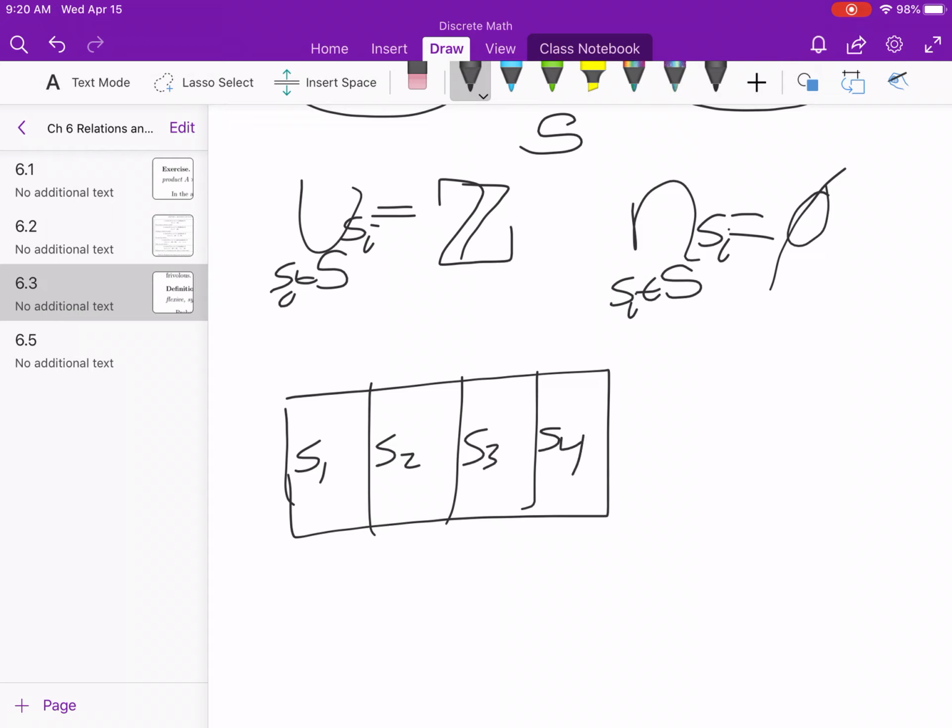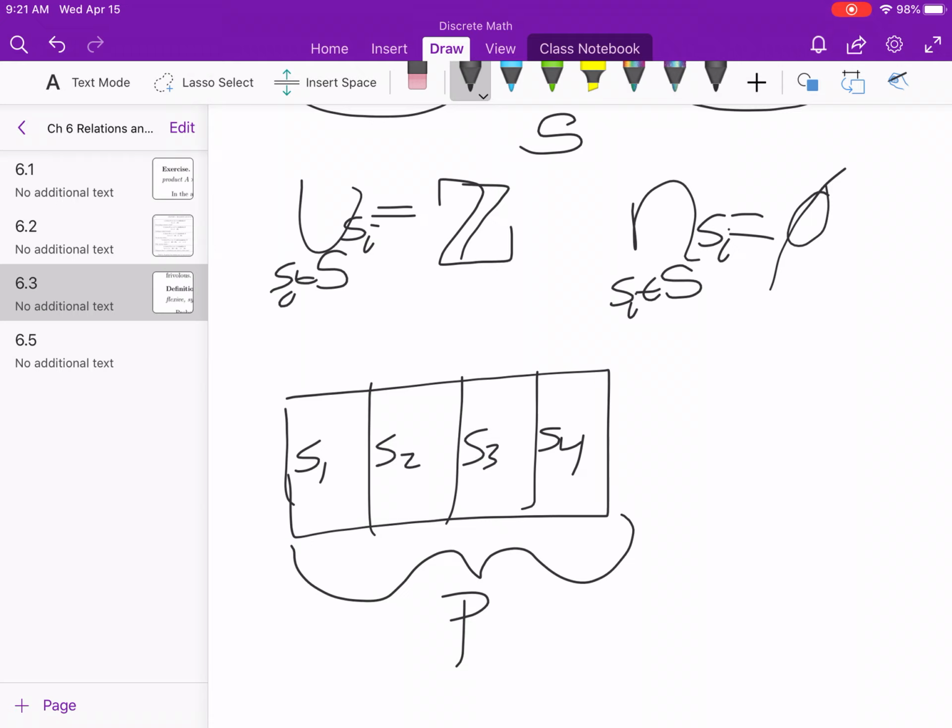Notice that the union of all of these gives me my big set. I don't know what I want to call the big set, P maybe. All the little divisions are discrete divisions.